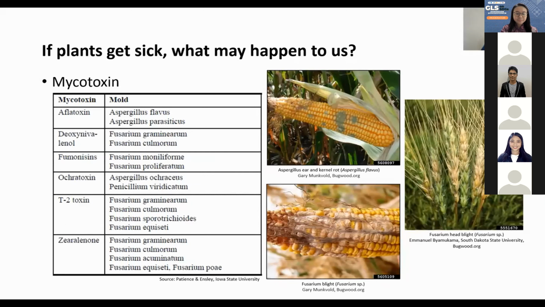So at this point, what I'm gonna say is plant disease can not only cause reductions in the quantity of food that we produce, but it can also cause reductions in the quality of food that we produce.